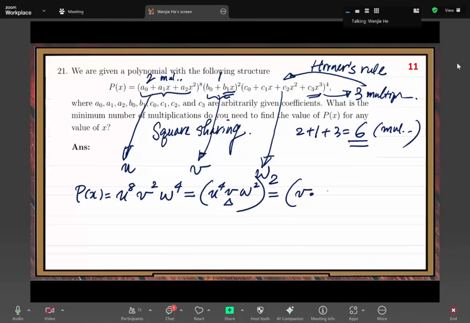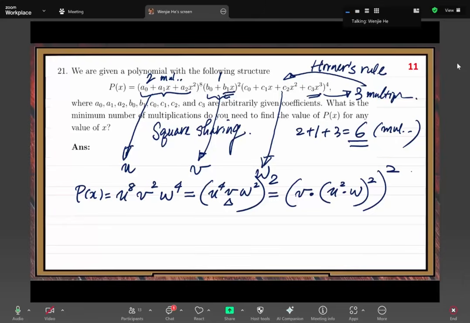Then the remaining part, another round of square sharing, U squared W squared, okay? Then squared. How about that? So here, we try our best to do the square sharing. Then we can do counting.